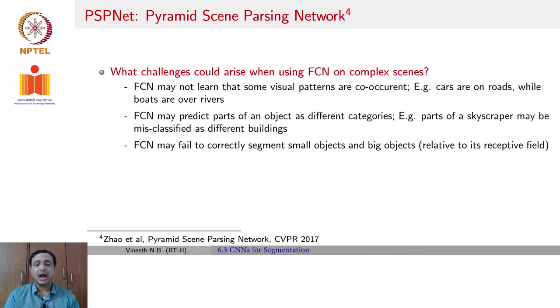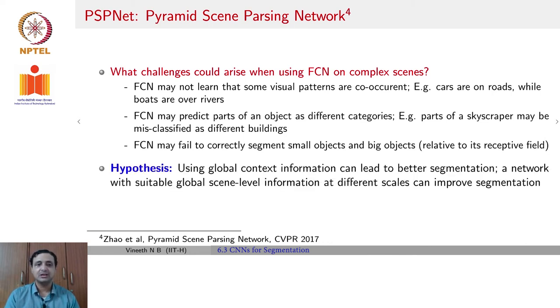So how can we address some of these constraints? PSP-net hypothesizes that one should use global context information to improve segmentation performance. So how do you get global context information? Segment at multiple scales.